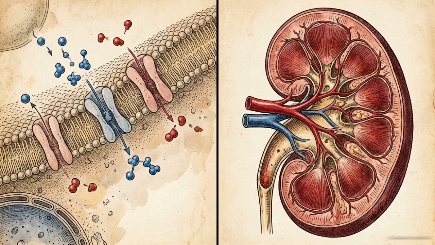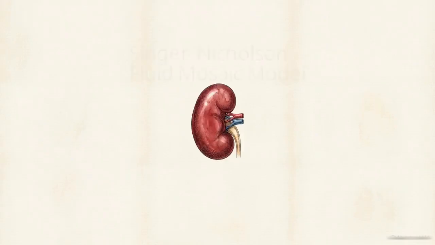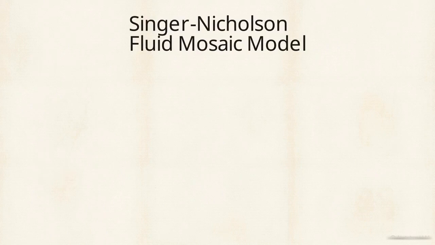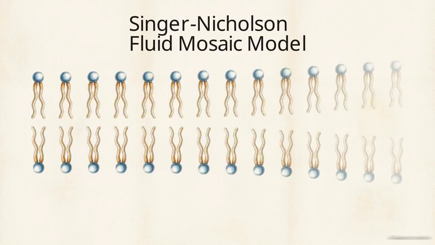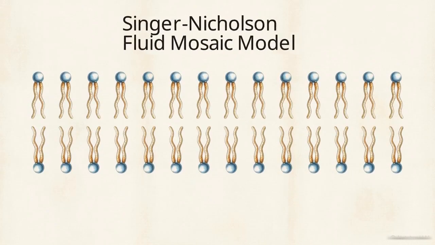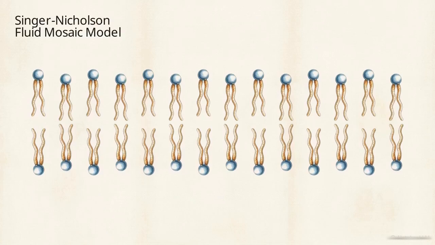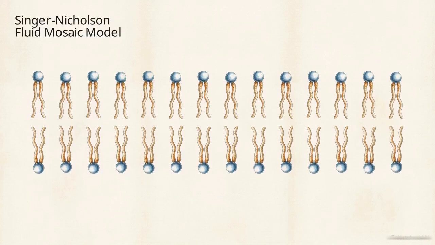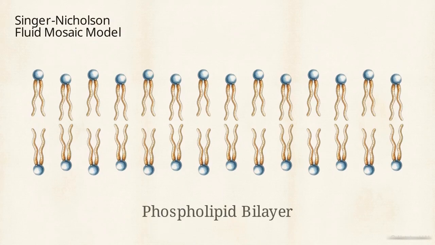To understand the mechanics of how a human organ filters blood, we have to first look at the microscopic architecture of these living barriers. This 3D cross-section illustrates the Singer-Nicholson fluid mosaic model. Proposed in 1972, it remains the definitive blueprint for biological filtration at the cellular level. The foundation is a phospholipid bilayer.